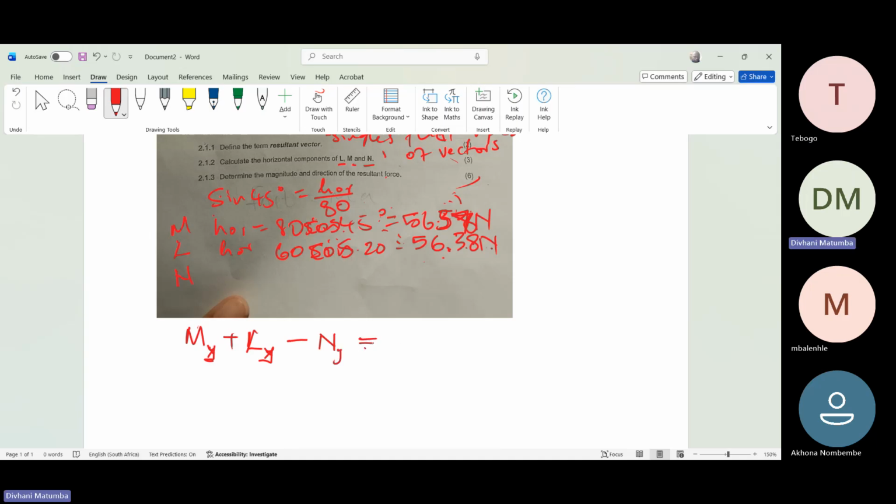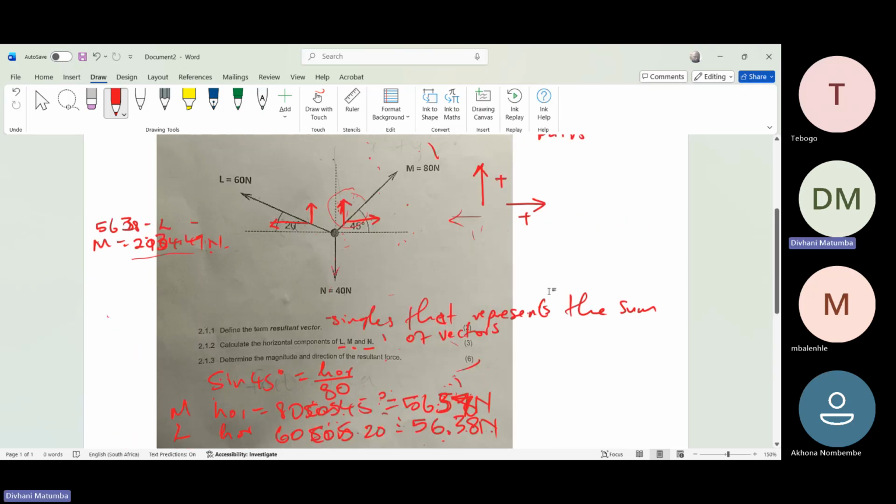Will give us force net in the y direction. So I'm resolving the vectors in the y direction. We have already calculated this one... haven't we? No, we haven't.